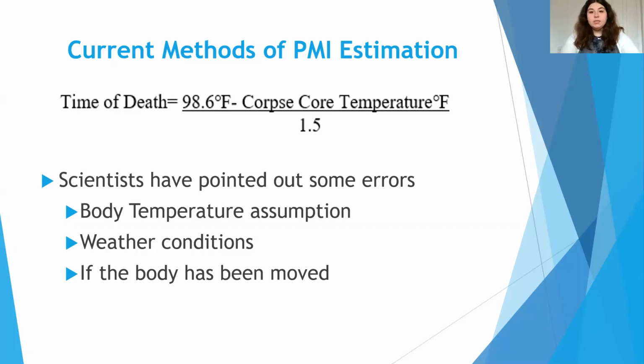The other thing is this equation does not take into account the weather conditions, if it was a colder area, hotter area, and it also doesn't take into account if the body had been stored in a hotter environment or a colder environment before being moved to the environment in which it was found.